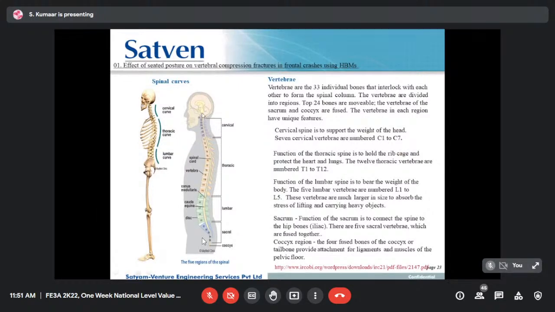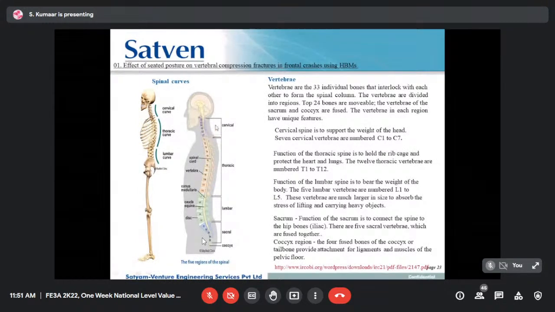The spine has 33 individual bones that interlock with each other to form the spinal column. These 33 vertebrae form the spinal column, and based on location and function, they have different names.